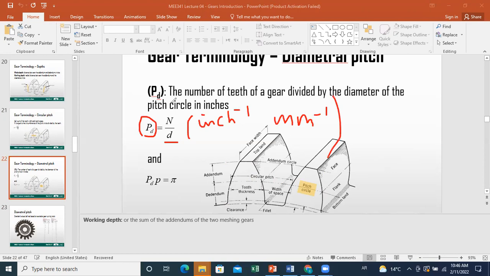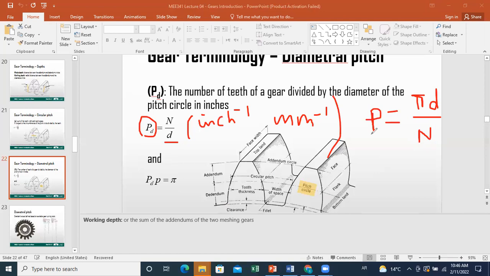Now, we already defined the circular pitch in the previous slide. We said that it's equal to pi d over n. So we can find a relation between the circular pitch and the diametral pitch.